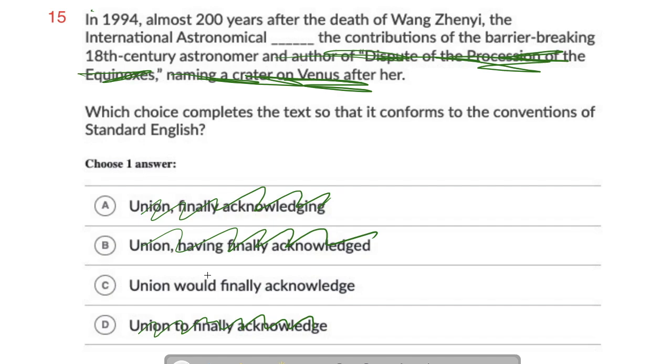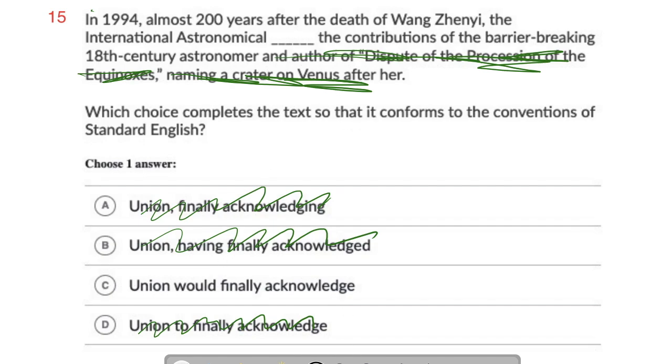It can be used as a conditional, like I would go to the store, but my car is broken. My car is in the shop. But here it is not being used that way. It's being used as the past tense of will.